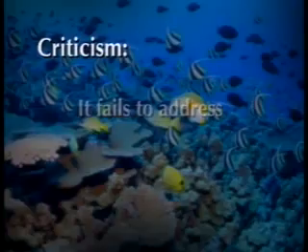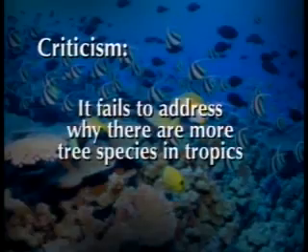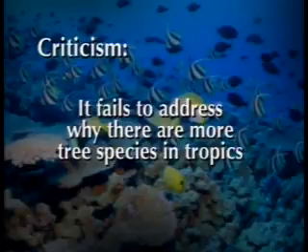In fact, this theory has certain loopholes and it has been criticized. The most important criticism of this theory is that it fails to address, in the first place, why there exist more species in tropics.